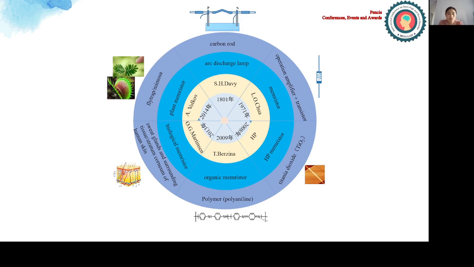The memristor was officially proposed and physically implemented in 2008. Subsequently, scholars in various fields have found that the memristive phenomenon can be observed in organic matter, human skin, white glass, and even plants.